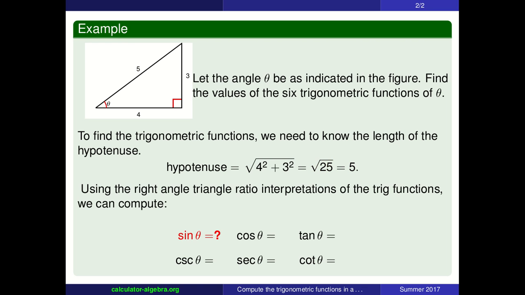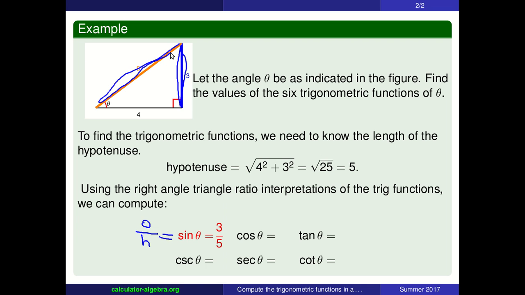Next, once we know the 3 sides of our triangle, the rest is easy, right? In order for us to find sine of theta, well, sine of theta equals the opposite side over the hypotenuse. So sine of theta must be equal to 3/5. The opposite side has length 3 units, and the hypotenuse has length 5 units.